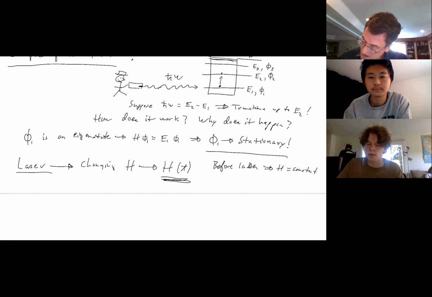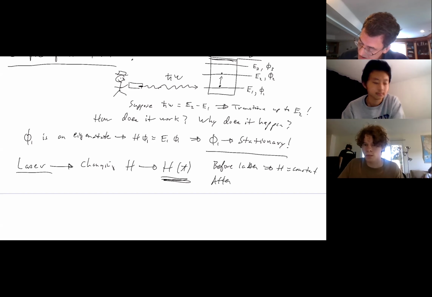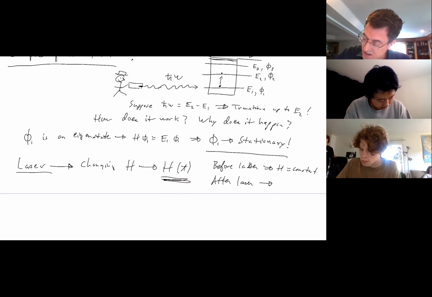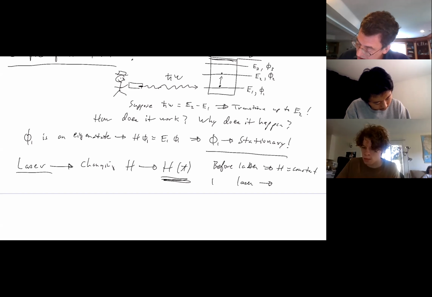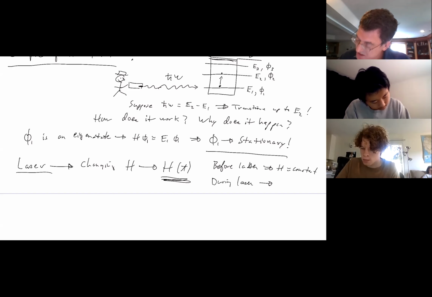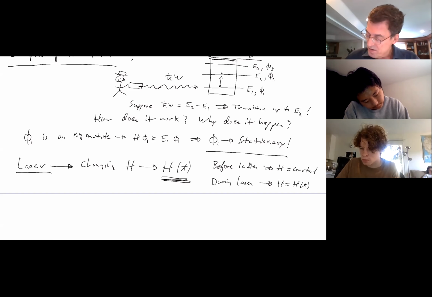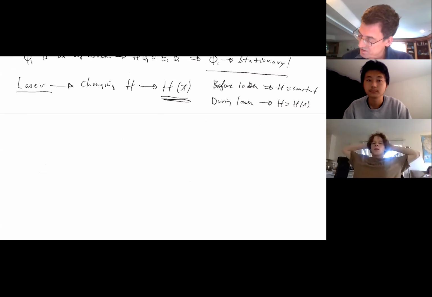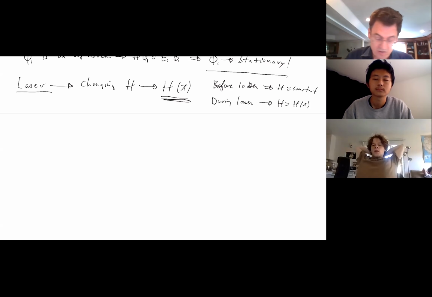But while the laser's on, during the time of the laser, I have that H is equal to a function of time, because the laser has an electric field that is a function of time.